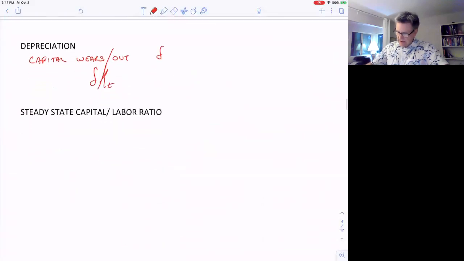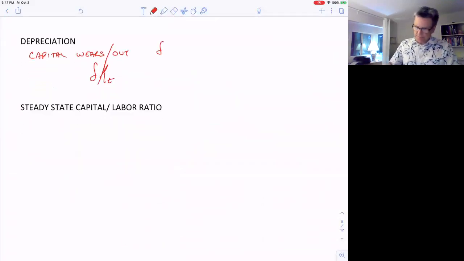So the steady state capital labor ratio is where the change in little k sub t is 0, where we're going to stay right there at that little k sub t star.